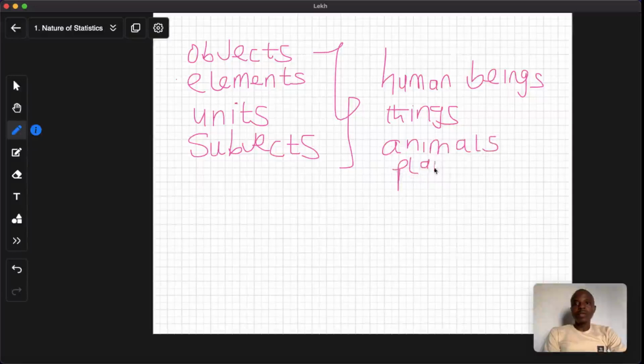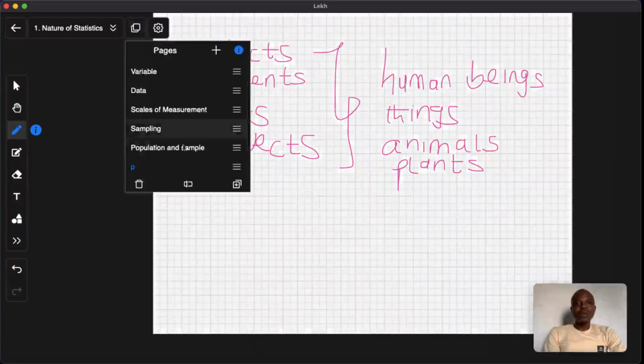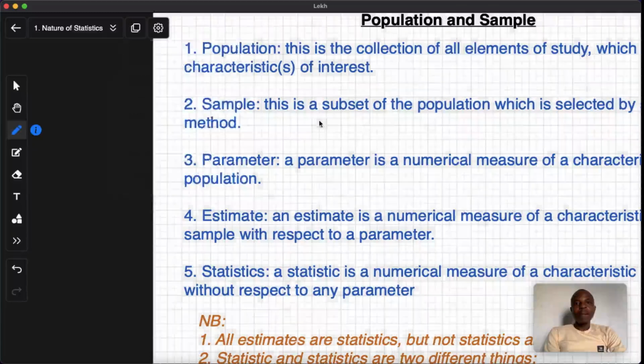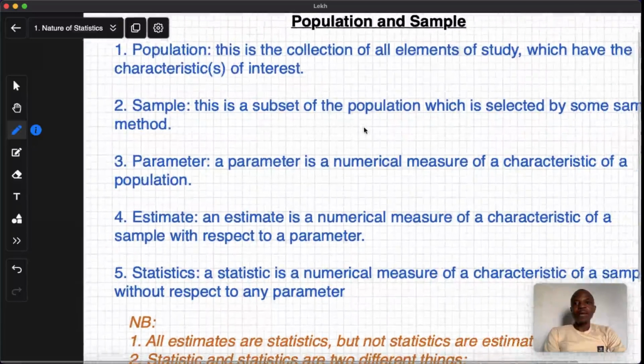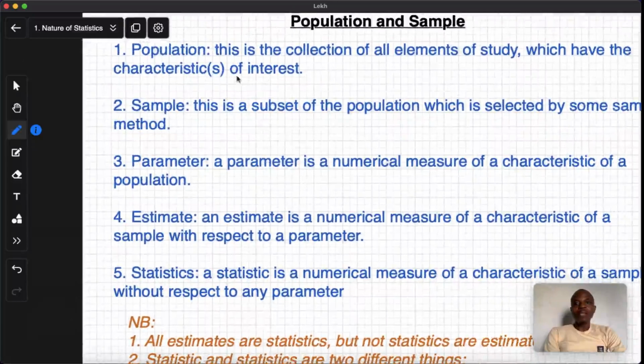It depends on what you are studying. So you may refer to them as objects, elements, units, or subjects where appropriate. All right, so a population is the collection of all elements of study which have the characteristics of interest.